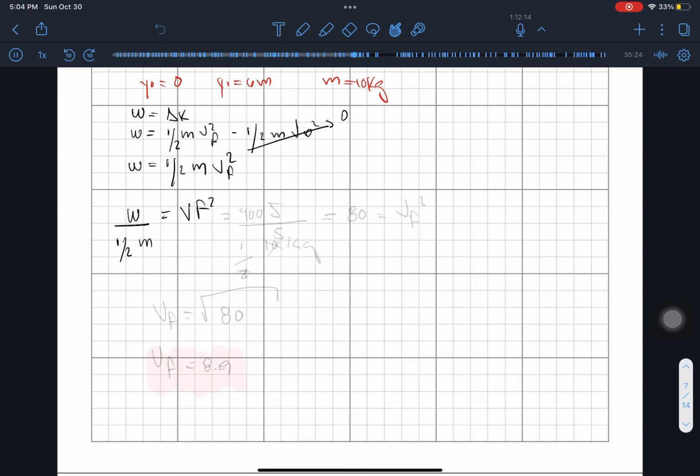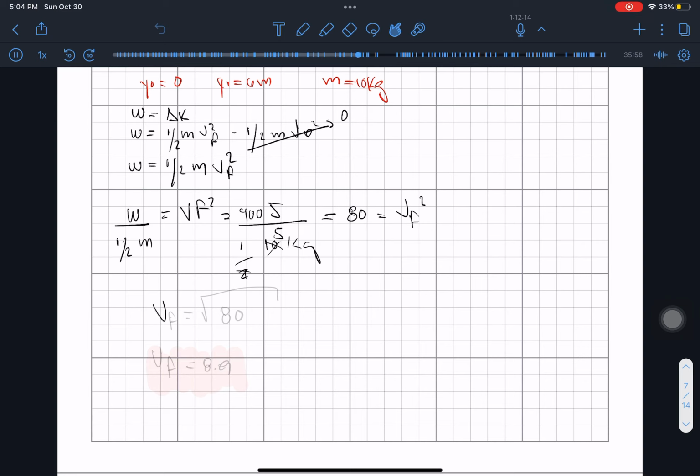So now let's just plug in the values to find the final velocity. We know that the work is 400 joules, and the mass is 10 kilograms. Half of the mass is 5, so now it's 400 joules over 5, which is going to be equal to 80. That is the final velocity squared.